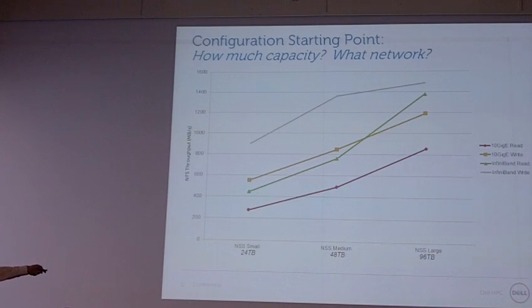And you have the 10 gig reads, 10 gig writes, InfiniBand reads, InfiniBand writes. With IP over IB, we were able to see around 1.4 to 1.5 gigabytes per second of throughput. With 10 gig, we were pretty close to line rate. We were at 1,200 megabytes per second.